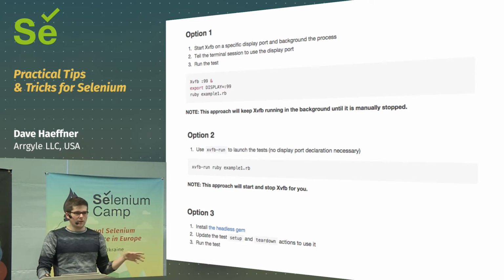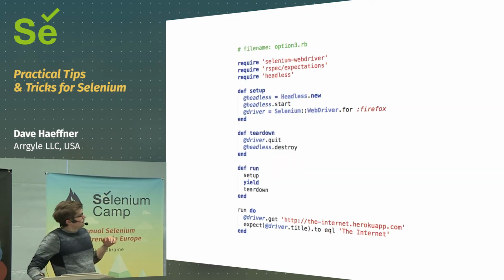Gems are the third-party libraries in Ruby. There's one called Headless that makes it a very simple bit of script to make your test set up and tear down this virtual frame buffer. So this is a simple Ruby script, very rudimentary. It's not even really using a test framework.